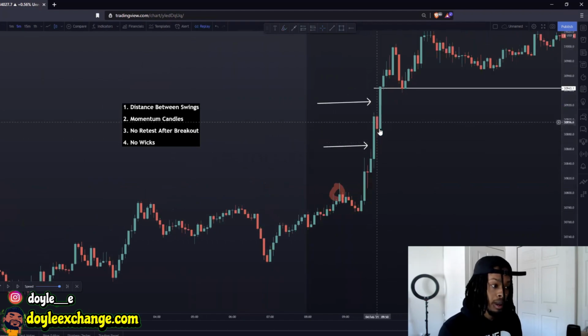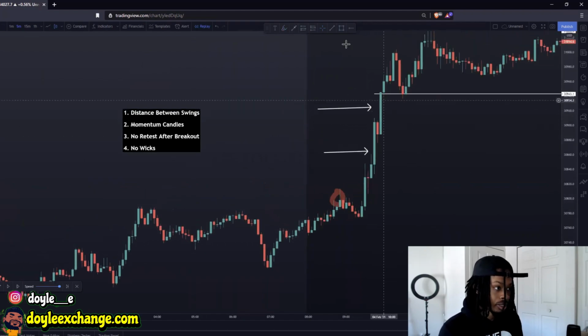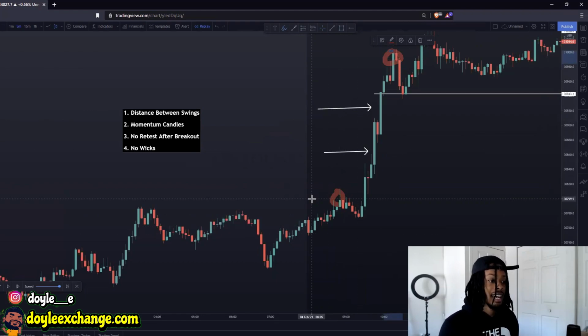Then we have a small pullback, and then another momentum candle, and this is the next swing high. You see that distance. Once I see that distance, I know that the market is really pushing up. The banks really want to push it up, and we should be looking for buys.